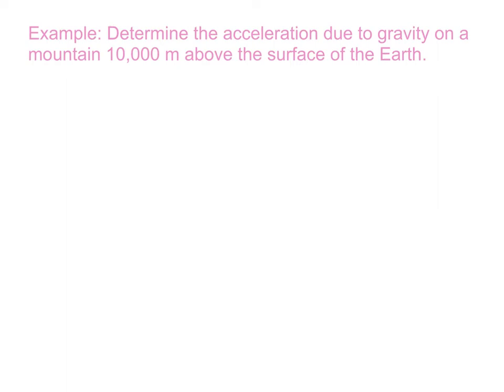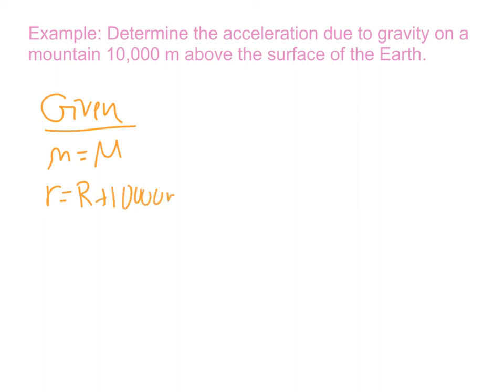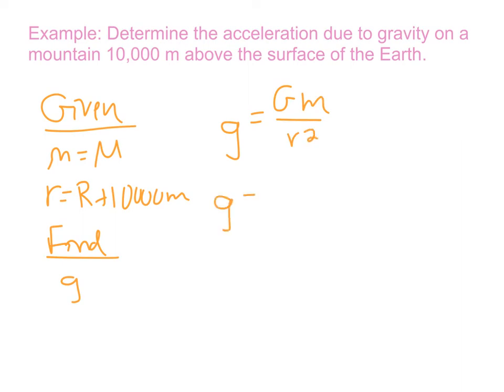Okay, so let's see what the acceleration due to gravity is on a mountain 10,000 meters above the surface of the Earth. Our given information, we know that the mass is equal to the mass of the Earth. We know that the radius is equal to the radius of the Earth plus 10,000 meters. And we're looking for g at that height. So little g equals GM over r squared. So this equals G times the mass of the Earth over the radius of the Earth plus 10,000 meters, squared.